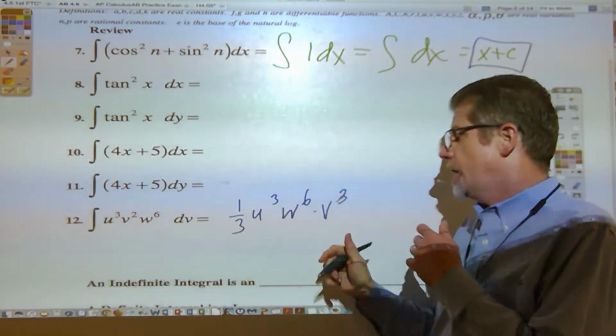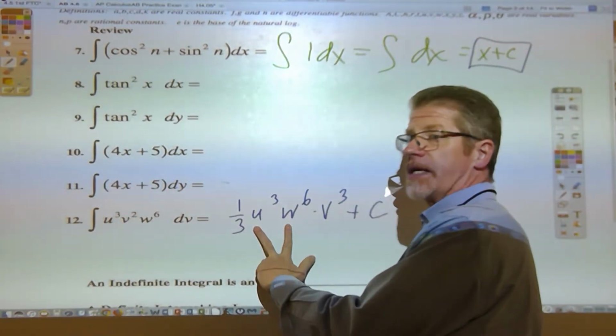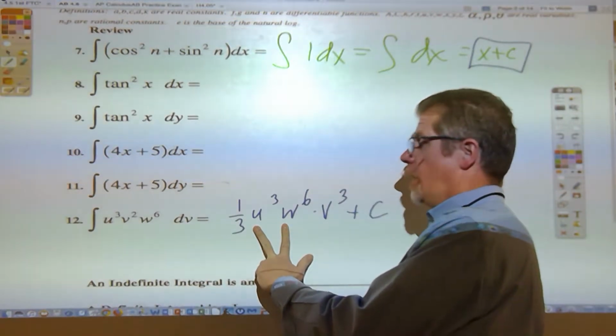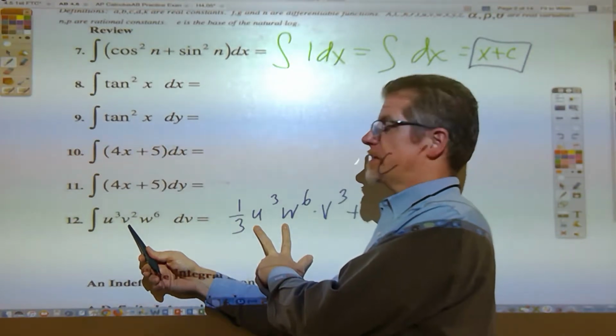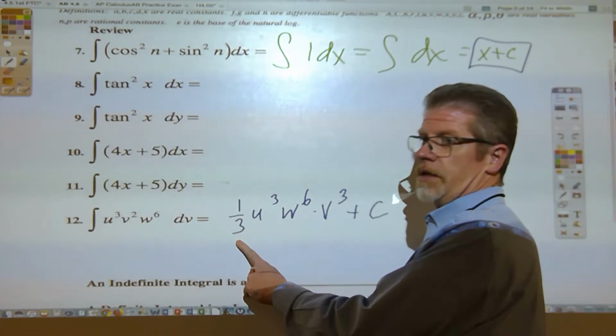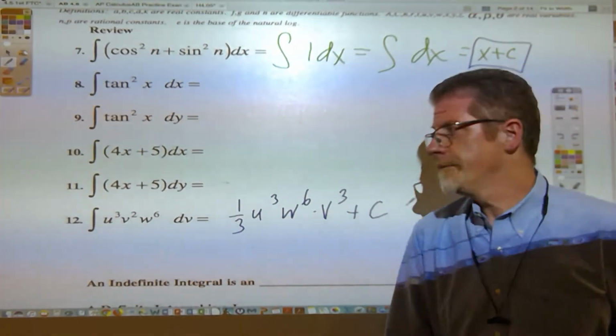Yeah, so plus c, thank you. So nothing happened to u to the third, w to the sixth. They're constants. It's like they come out front. Nothing happens to them. All you have to do, the only calculus you have to do is take the antiderivative of v squared with respect to v. So that's v cubed over 3. So that's why Cindy has a v to the third over 3. U cubed and w to the sixth just come along for the ride.